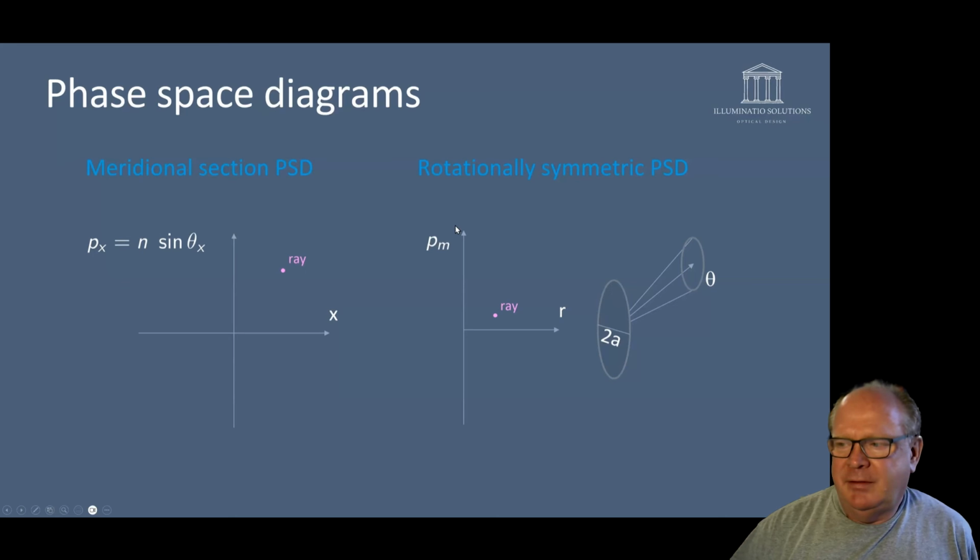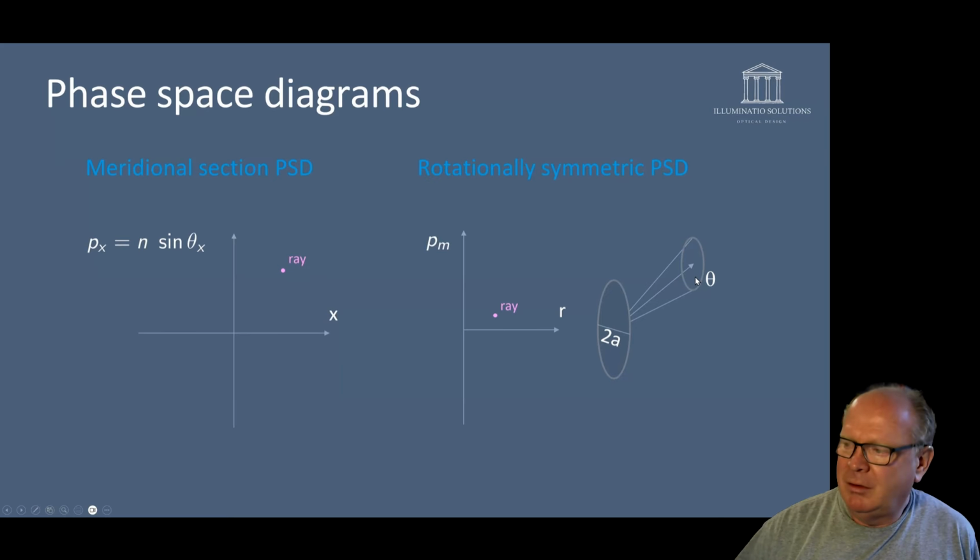In other cases, it's reasonable to discuss the rotationally symmetric case, and so I have a beam with a source plane in the coordinate r in this plane and a target plane in the angular coordinate theta. This is the other way to do diagrams in the phase space.